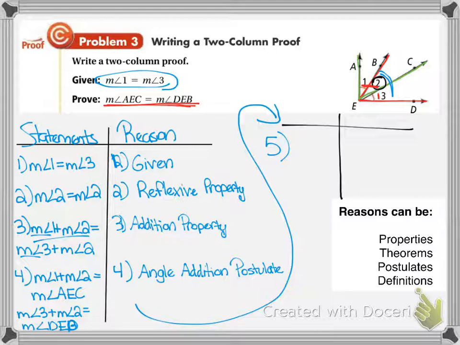So if I replace the first part of number 3 with AEC and the second part with DEB, I'll have what I'm trying to prove. So that's awesome. So now I can say that the measure of angle AEC is equal to the measure of angle DEB, which is what I was trying to prove.